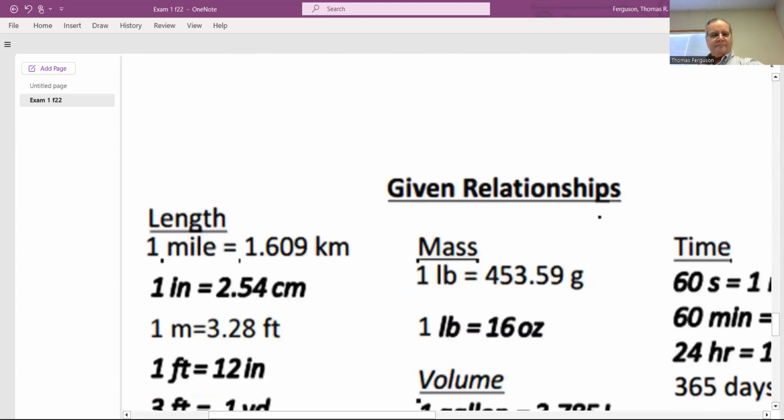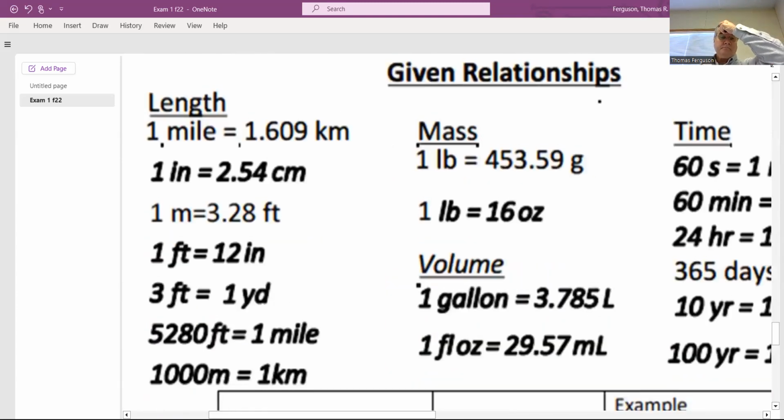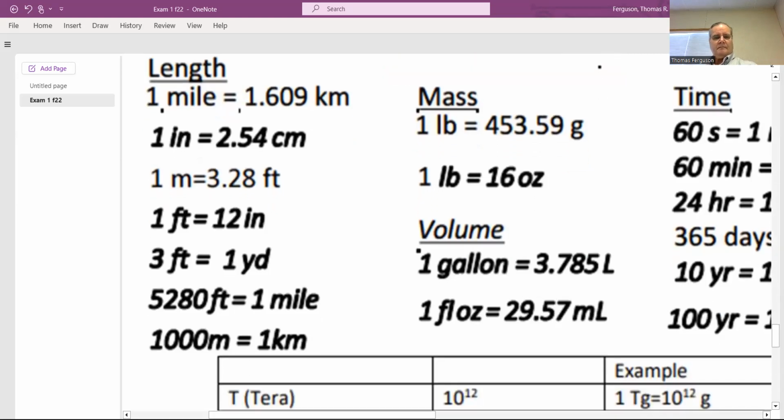Now, let's see here. Meters to yards. Which one of those are we going to start with? We can go meters to feet, then feet to yards. Okay, so 320, I got to remember 328 now.